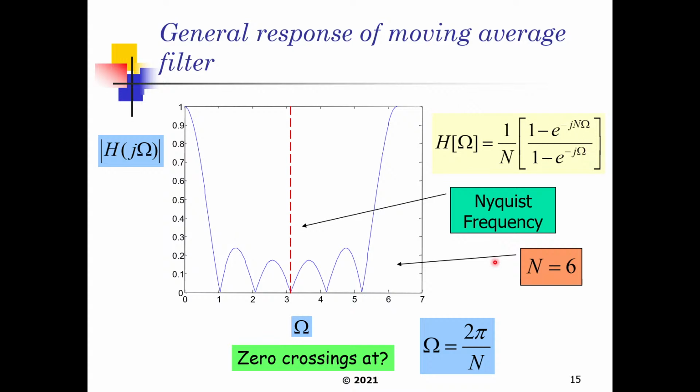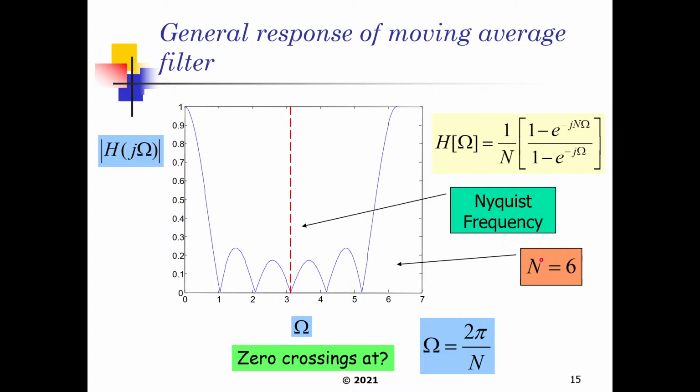Once we go up in terms of n, each zero crossing, which we can see here on the x-axis where these lines touch the x-axis itself, is going to be mapped by capital omega equal to 2 pi divided by n, where n is the number of terms for the moving average filter.